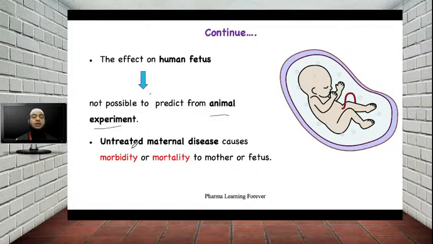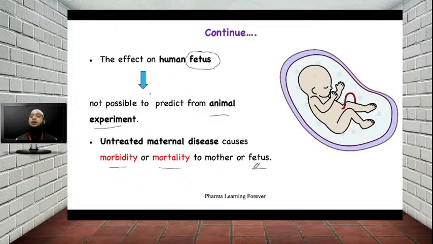In addition to this, consider untreated maternal disease. Suppose you just look at the health of the fetus, and you think that if medicine is given to the mother it may affect the fetus, and in such a case you do not treat the mother. Then this untreated maternal disease may cause morbidity, or sometimes it may also lead to mortality, of the mother as well as the fetus.